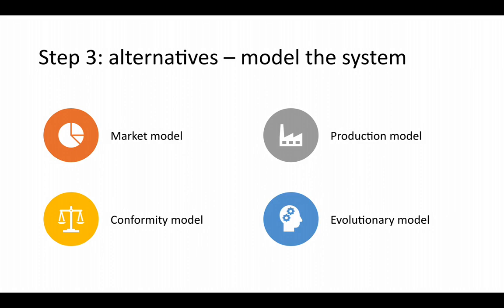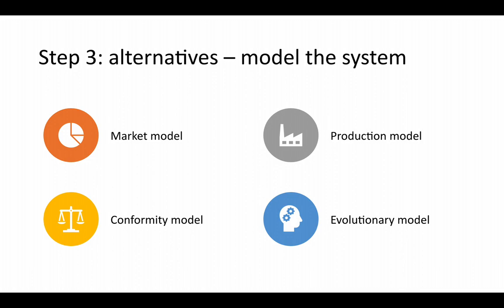Now, model the system, which means when you are thinking about your alternatives, you really need to think about different models that can help you address the issues that you want to address. So four different models we are going to talk about here. The first is the market model, based on exchange.